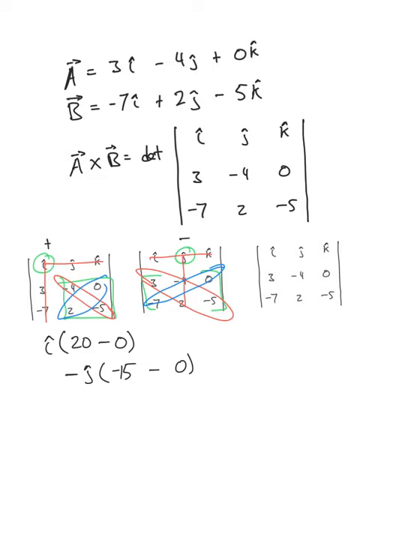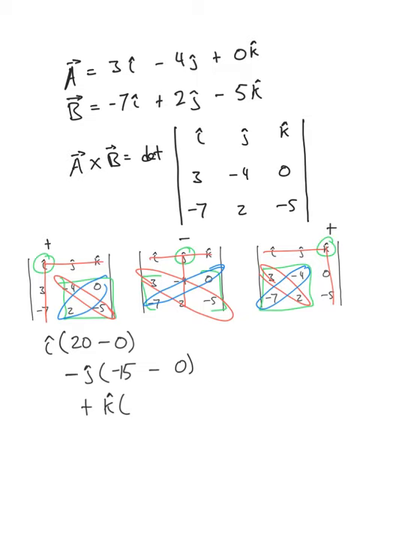And finally, we get to our final component, the k hat component, which is positive again. We are going to cross out the row and column associated with k hat and find the determinant of the submatrix that is left behind, which is going to be plus k hat multiplied by our set of components subtracted from one another.